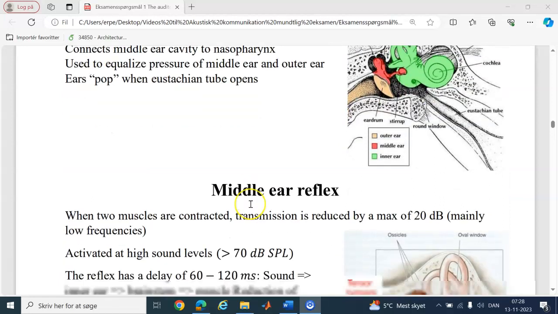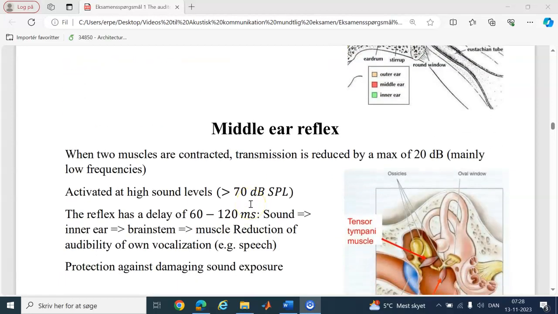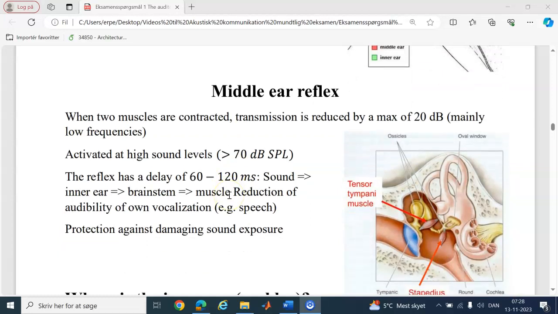The middle ear reflex: when the muscles are connected, transmission is reduced by 20 dB. There are some muscles that act on sound exposure.